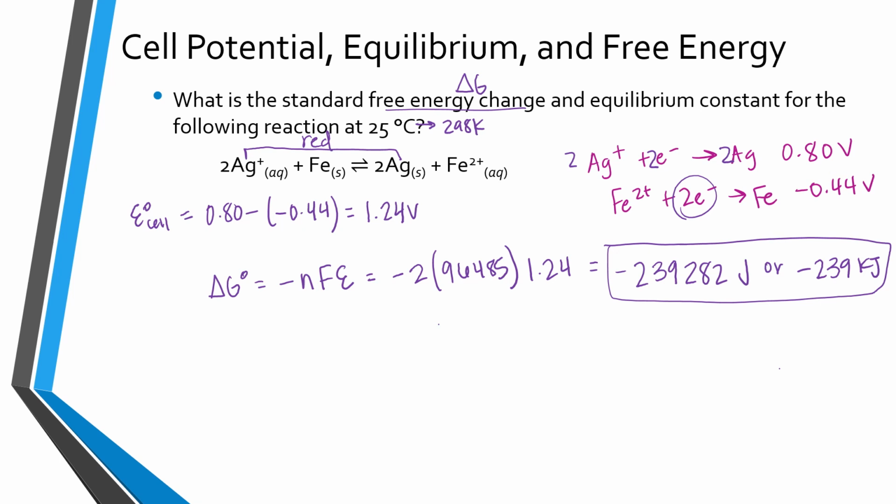So the way we can calculate the equilibrium constant, we actually have two options here. Now that we have the free energy, we can use that delta G is equal to negative RT natural log of K. That's given on your equation sheet. Or we can use the Nernst equation solved for equilibrium.